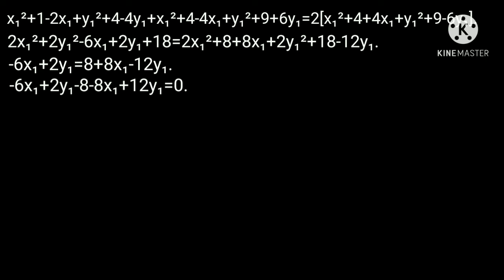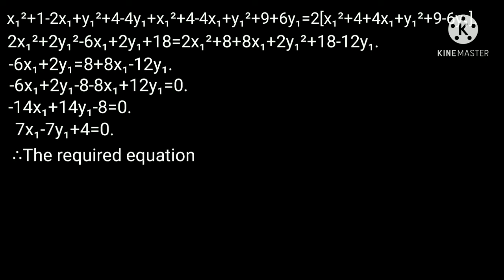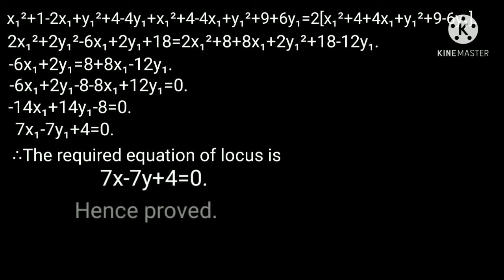After simplification, we have -14x1 + 14y1 - 8 = 0. Here we take -2 as common and send it to the other side of the equation. Then we have 7x1 - 7y1 + 4 = 0. Therefore, the required equation of locus is 7x - 7y + 4 = 0. Hence, proved.